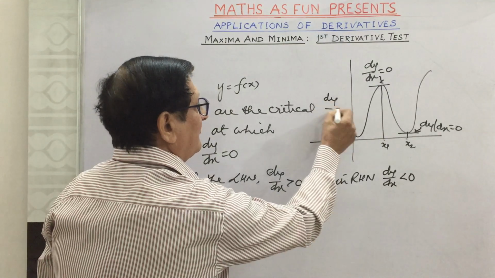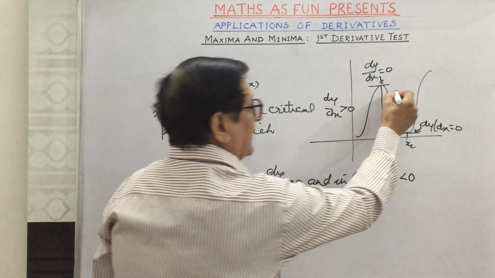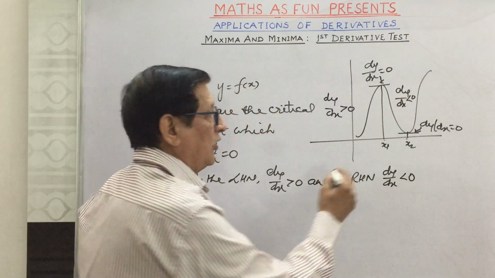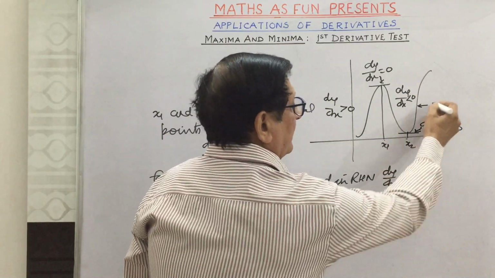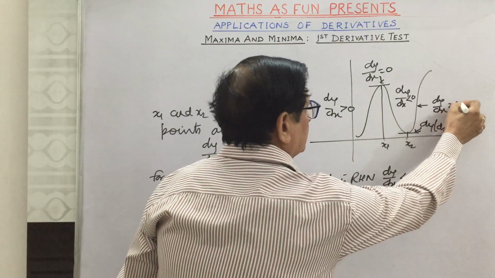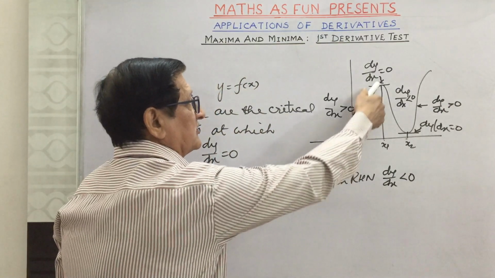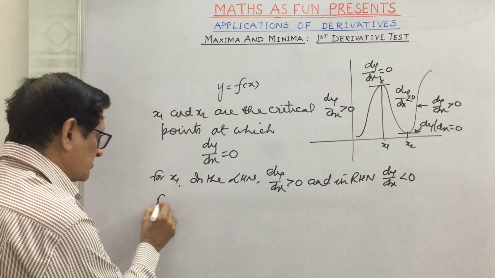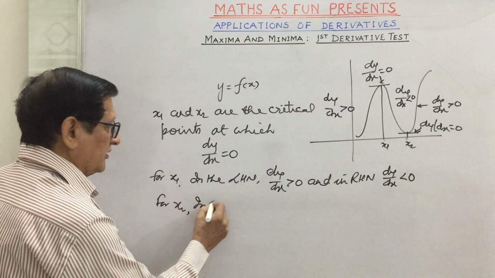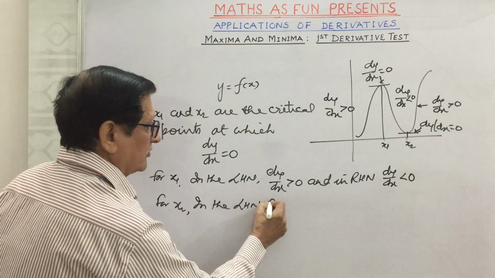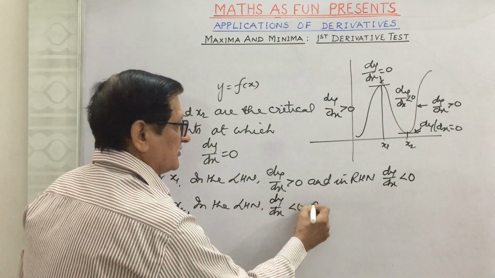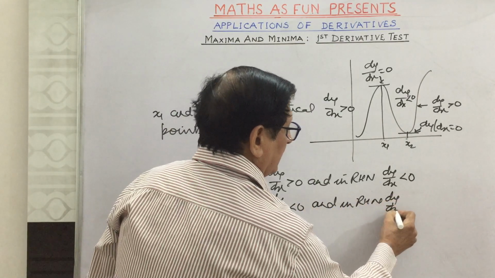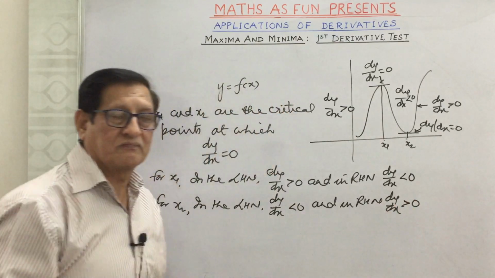For x2, on the left side, we found dy by dx is less than 0, and on the right side dy by dx is greater than 0, because the function is increasing here, decreasing here, and again increasing here.